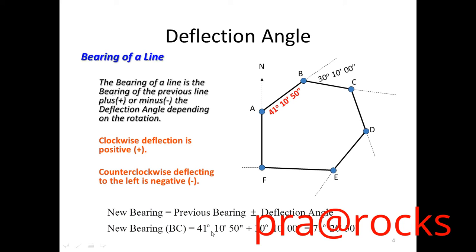As you can see, the previous bearing is 40°10'50". The deflection angle is 30°10'00". When I add them together, I have the new bearing for BC of 71°20'50". So it's a fairly easy calculation to do. You just have to add the previous bearing to the deflection angle to get the new bearing.